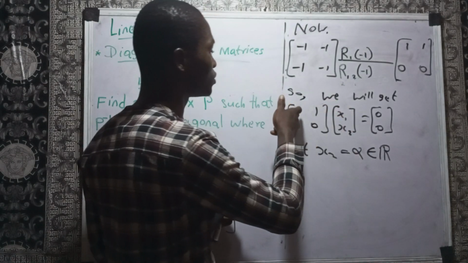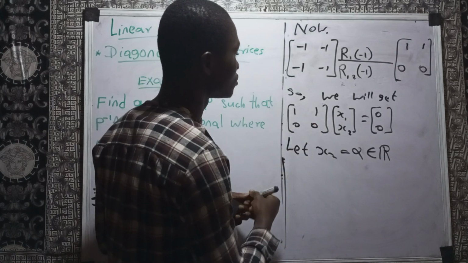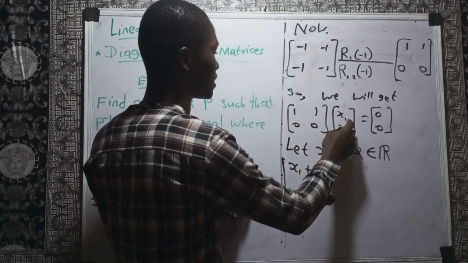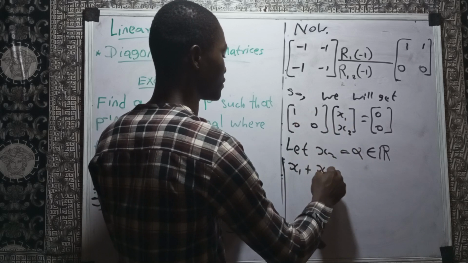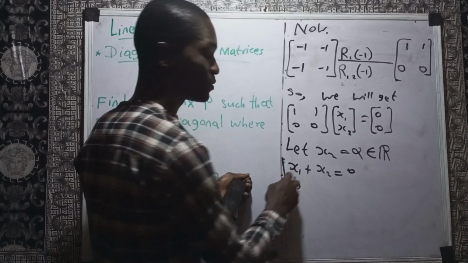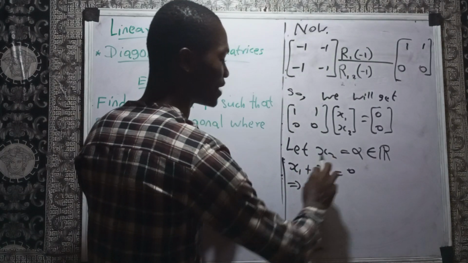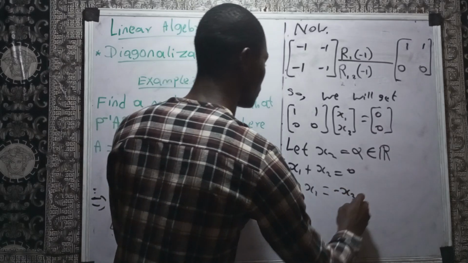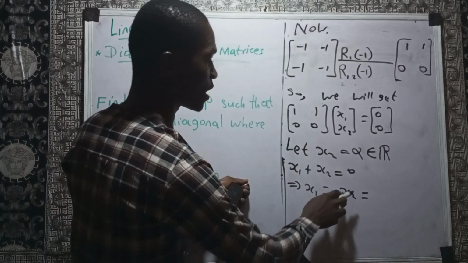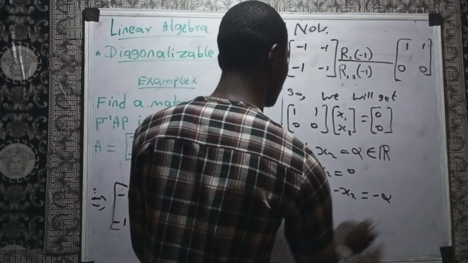So let's go to the first row. x1 multiplied by 1 gives x1, plus x2 multiplied by 1 gives x2, equated to 0. This implies x1 equals, moving positive x2 to the right, negative x2, which is alpha. So you will get negative alpha.